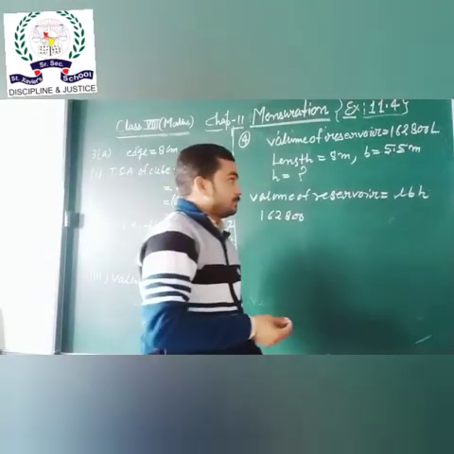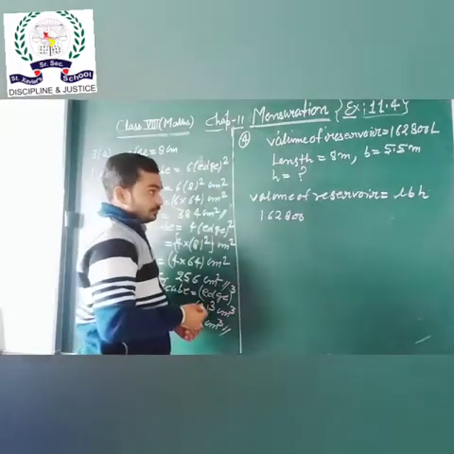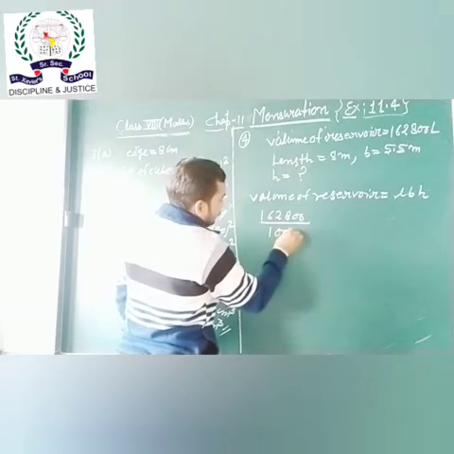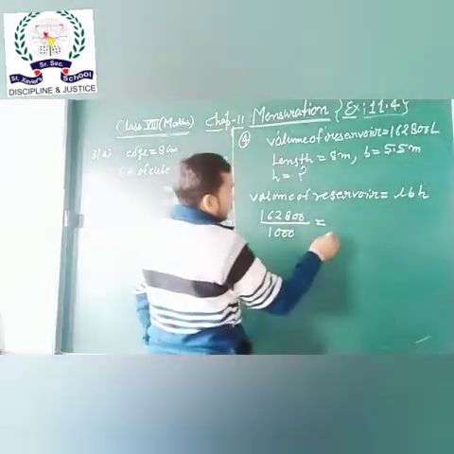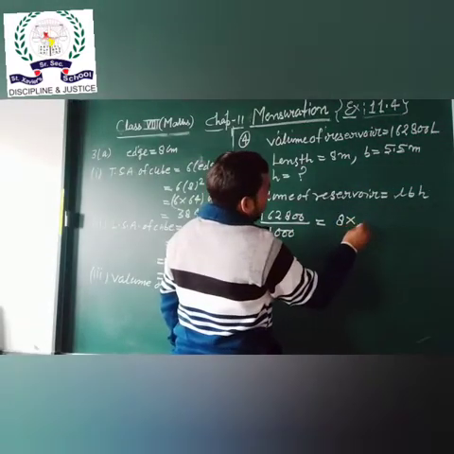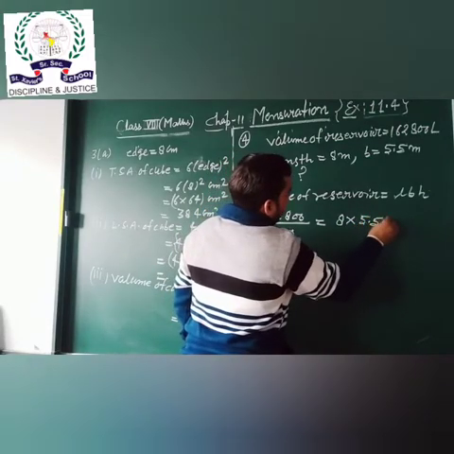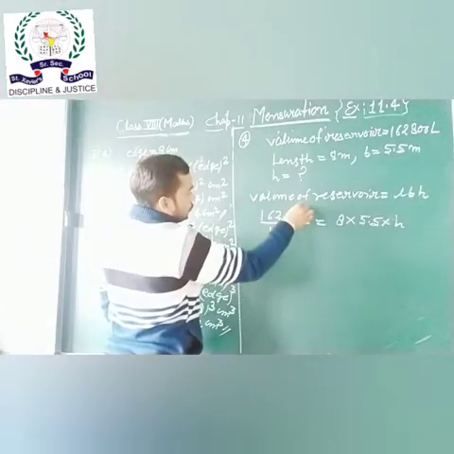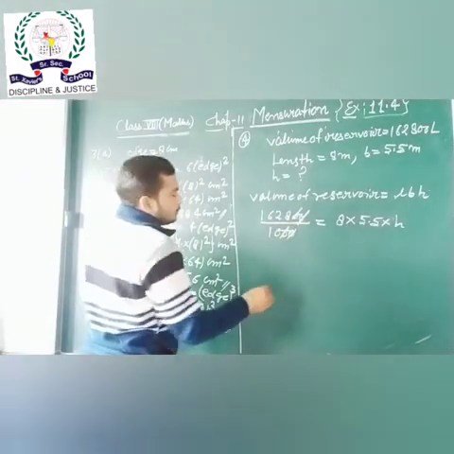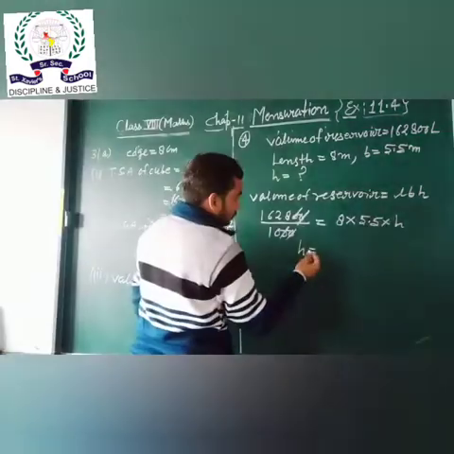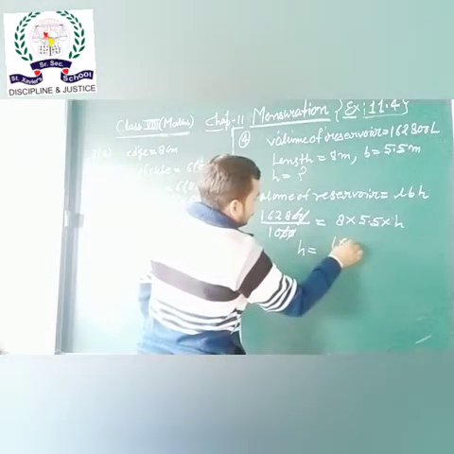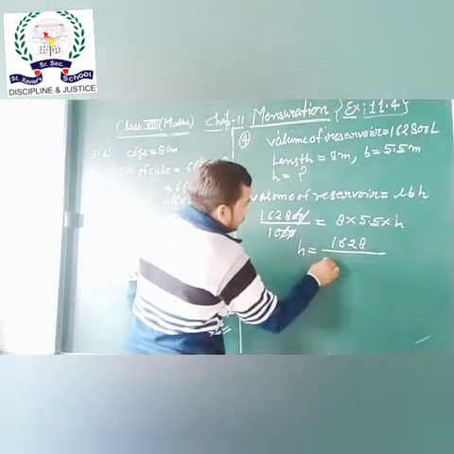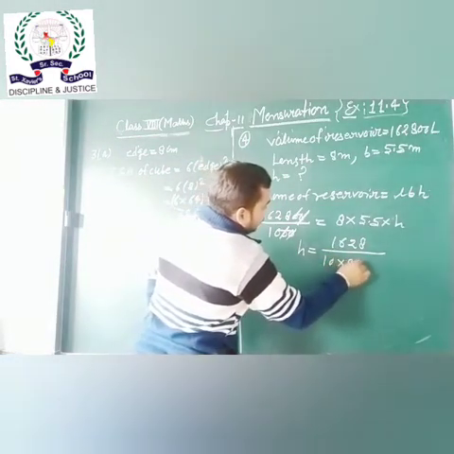1 liter equals 1/1000 meter cube. So divide by 1000, equals length is given 8 and breadth is given 5.5 and height we have to find out, h. 162800 divided by 1000, cancel 2 zeros, then h equals 1628 upon 10 into 8 into 5.5.